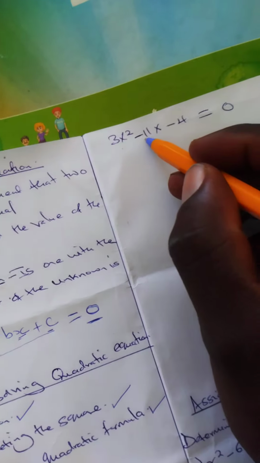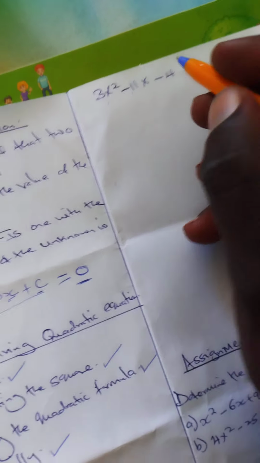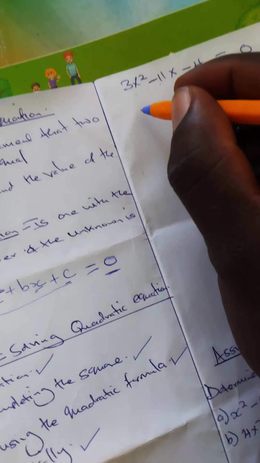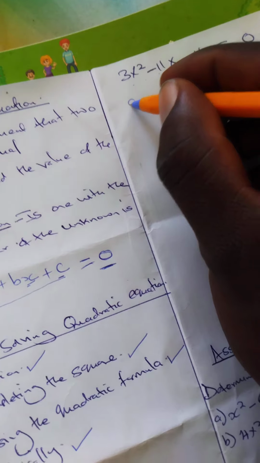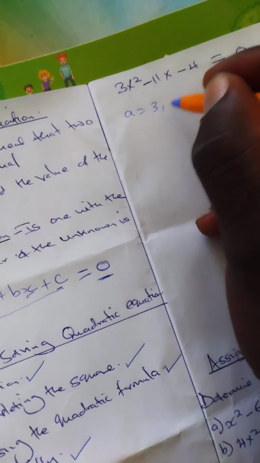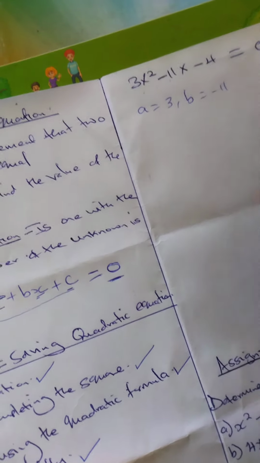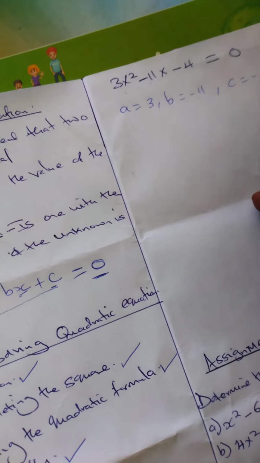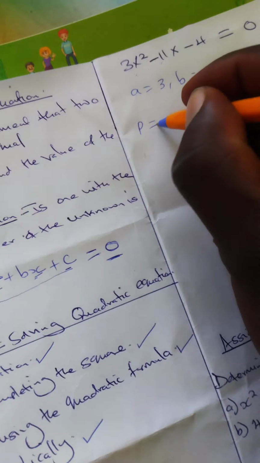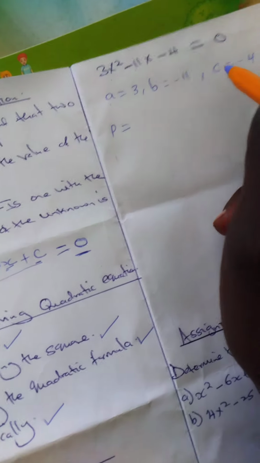A second example is this one: 3x squared minus 11x minus 4 is equal to 0. Our a is equal to 3, our b is equal to negative 11, and our c is equal to negative 4. So our product is the value of a multiplied by c.